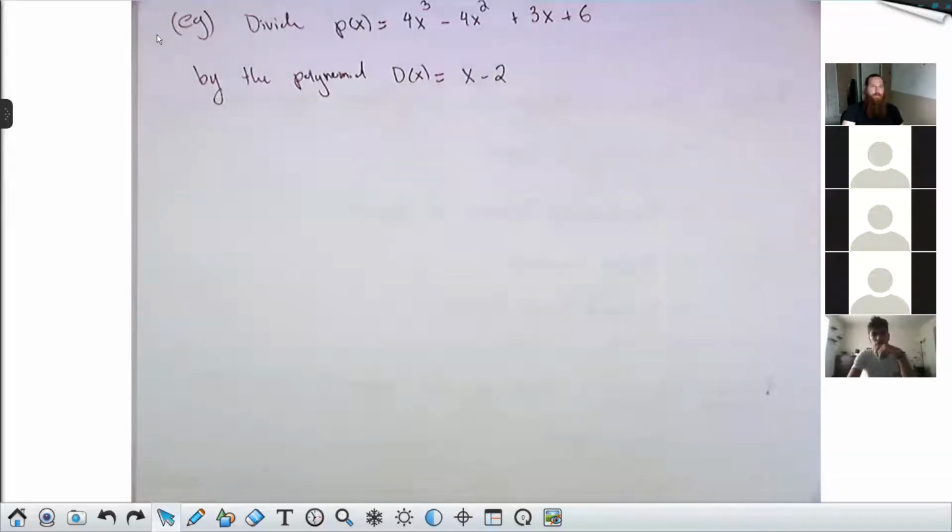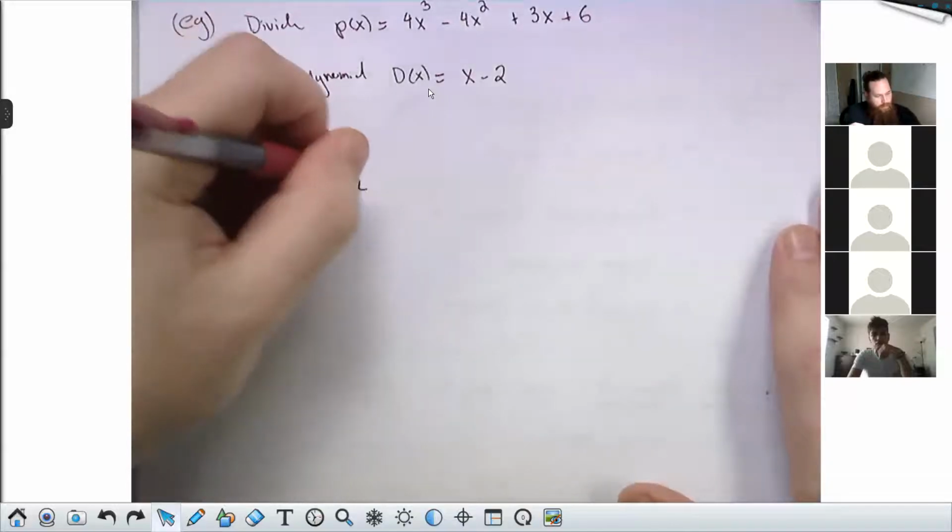Okay, so I want to divide P by D. And the output should be another polynomial that I'll call Q. And then I should also have a remainder polynomial. Let's see how this goes.